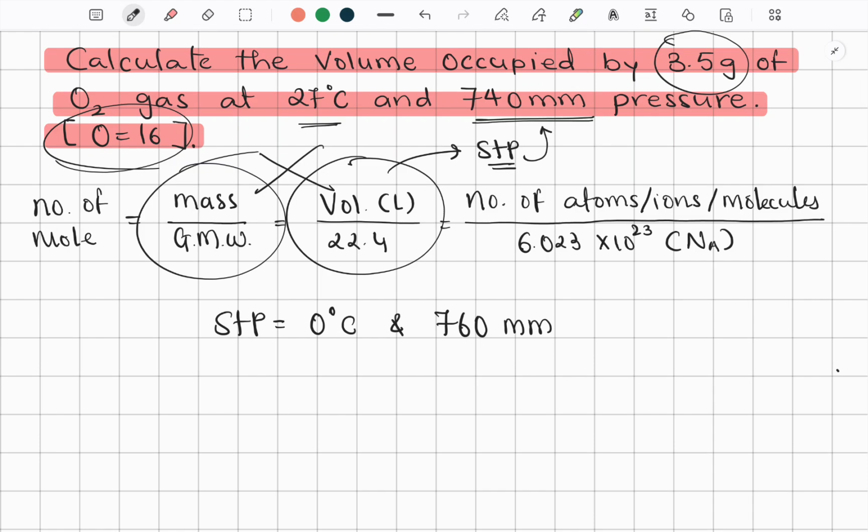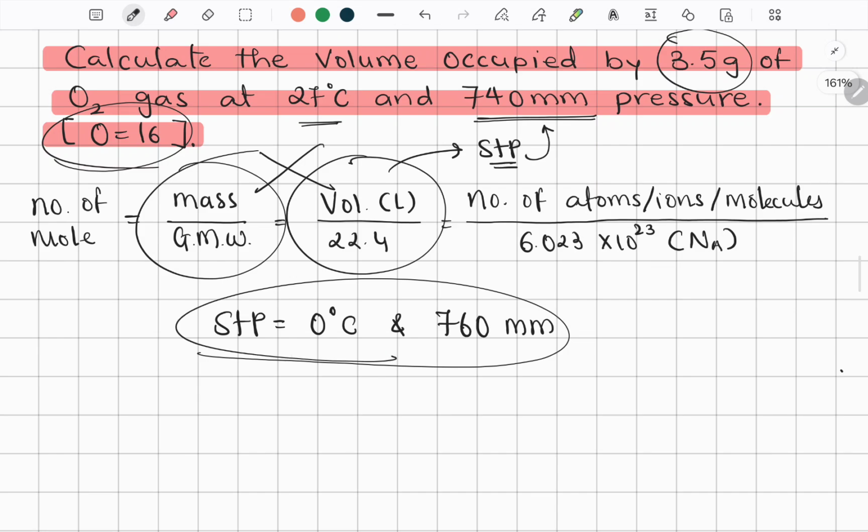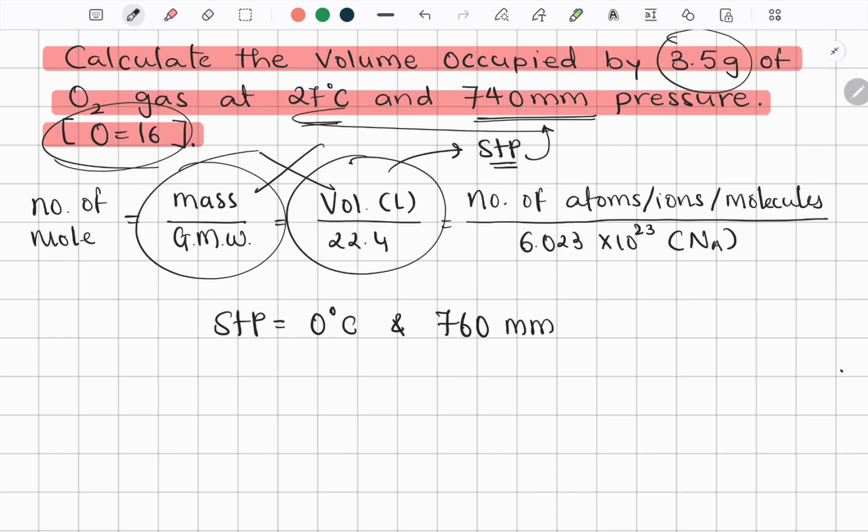Okay, so this is the condition for the STP, and whatever is given over here is the given condition. So when you use these two formulae, when you equate the mass upon gram molecular weight is equal to volume in liter upon 22.4, you're gonna get the volume at STP and not at the given condition.